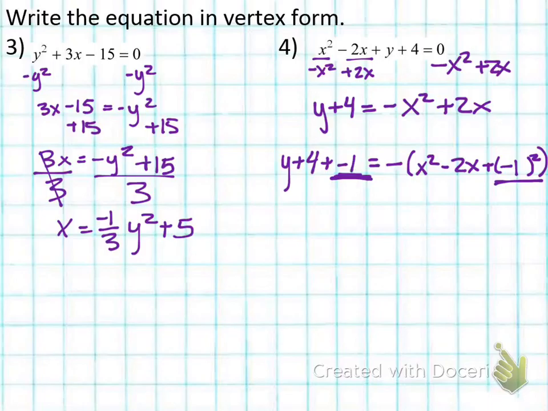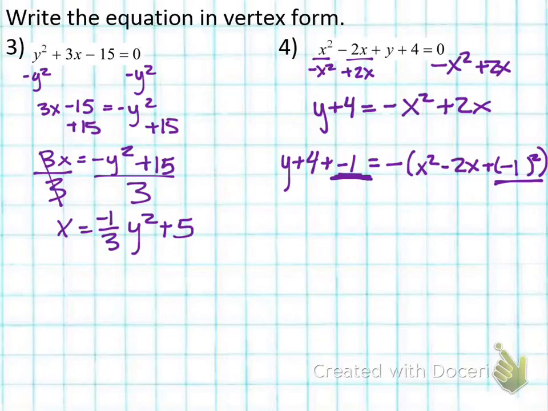So this is just negative 1 squared. This term, negative 1 squared, is a positive 1, but it's in these parentheses that are being multiplied by a negative. So really I'm subtracting 1 from this side of the equation. So I need to subtract 1 from this side of the equation. That's why we get a minus 1 here.